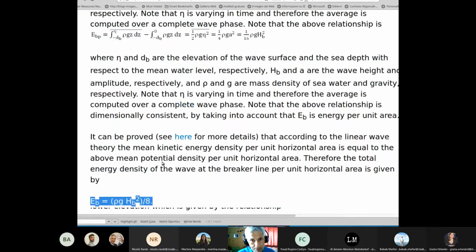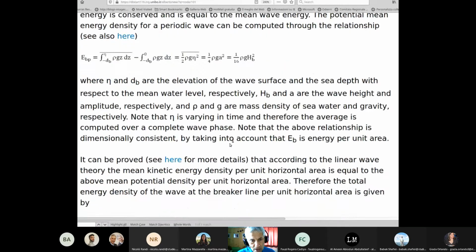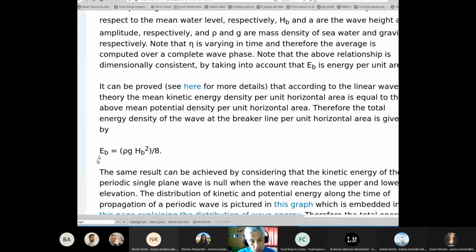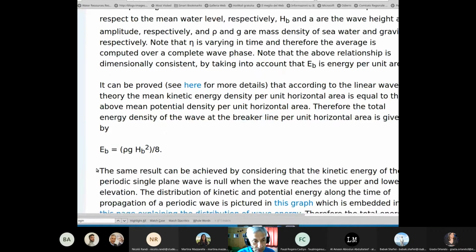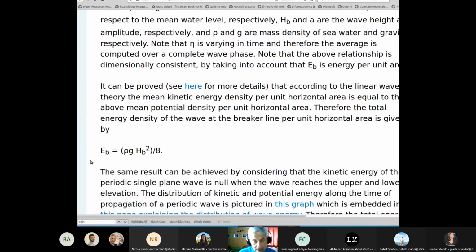Let me go up. You see here you had 1 over 16. And here you have 1/8. Why? Because we wanted to double the energy. Why did we want to double the energy? Simply because we wanted to add the kinetic energy, which has the same amount on average along the wave phase, on average, of the potential energy.